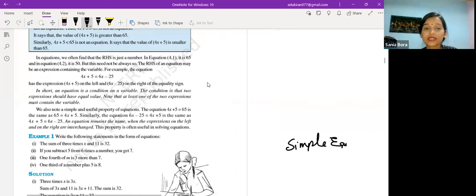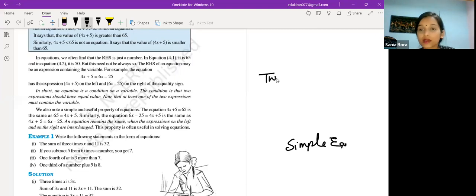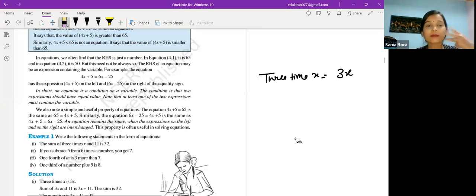What they are saying is the sum of 3 times x. 3 times x means 3x. So it's basically 3x plus 11 equals 32.